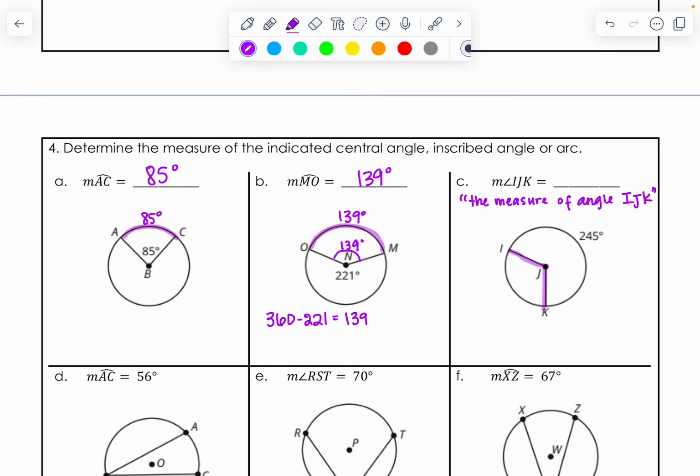So since this side is 245, we're just going to subtract from 360 again. Okay, and we get 115. So this is 115 degrees.